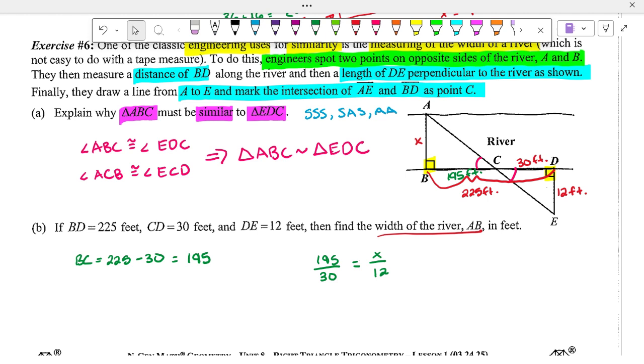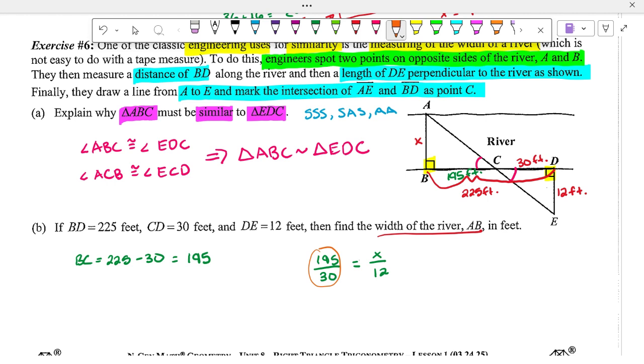Now, so we're not dealing with big numbers, what could I do right here before I cross multiply? I could simplify it. So, little trick. If you do 195 divided by 30 in your calculator and then hit math and then enter twice, it'll simplify the fraction for you.